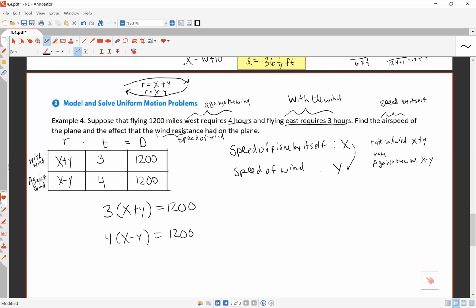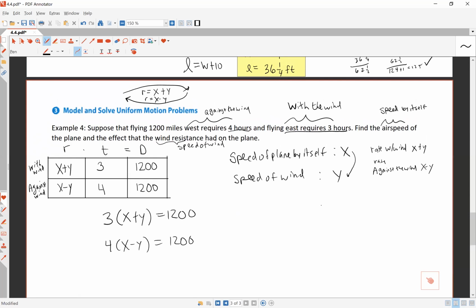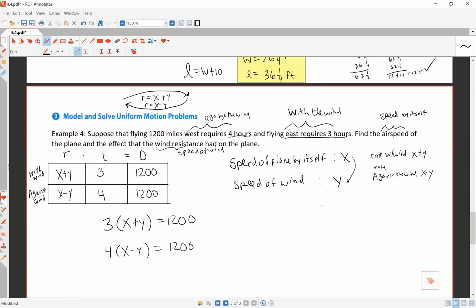At this point, we solve this by elimination. But before I do that, I'm going to take these equations and I'm going to clear the 3 and the 4. So with 3 times x plus y equal 1,200, I'm going to divide the left by 3 and the right by 3.